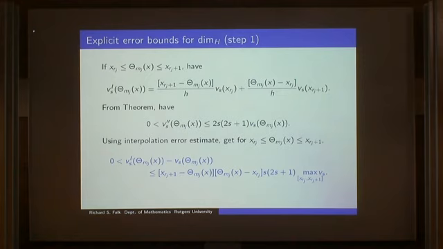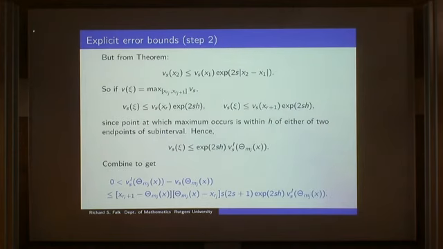Now I apply my interpolation error estimate. The difference between the interpolant at that point and the function at that point is bounded by this guy times the second derivative at some intermediate point, but second derivatives are bounded by this thing over here times V_s at theta mj of x. I don't know where that is, but it can't be any bigger than the maximum.